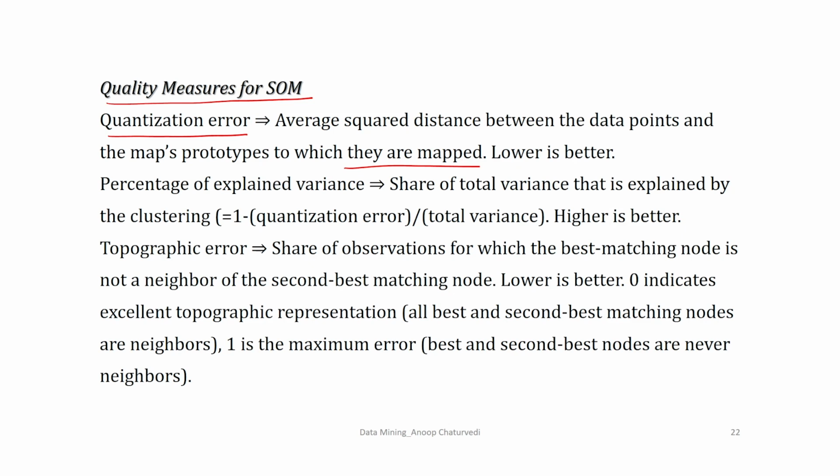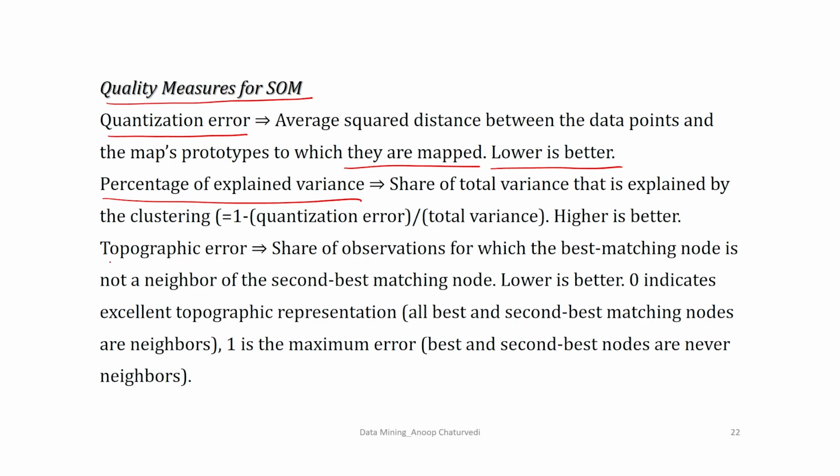So, lower the value of quantization error, the better. Then percentage of explained variance, which is equal to the share of total variance that is explained by the cluster, that is 1 minus quantization error divided by the total variance. So, obviously higher is better.